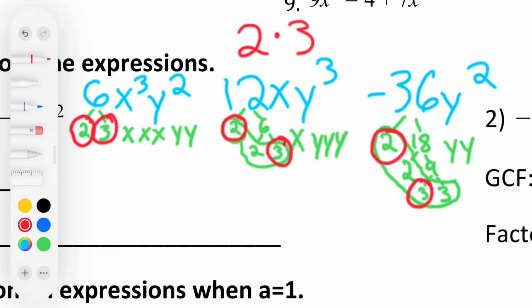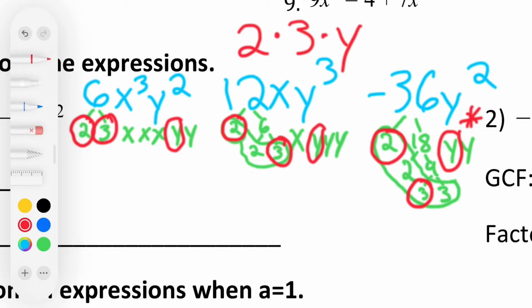Now, do each of them have an x underneath them? No, because our negative 36y squared does not have an x. So x is not involved in our GCF. Now, do each of them have at least 1 y involved? Yes. There's 1 y under the 6, 1 y under the 12, and 1 y under the negative 36. So we're going to have a y.